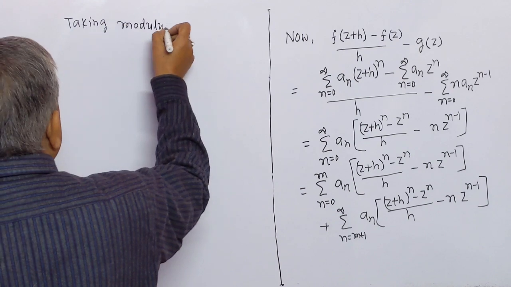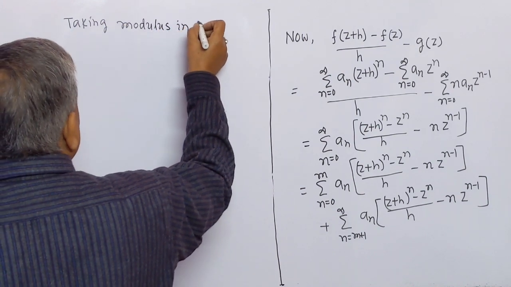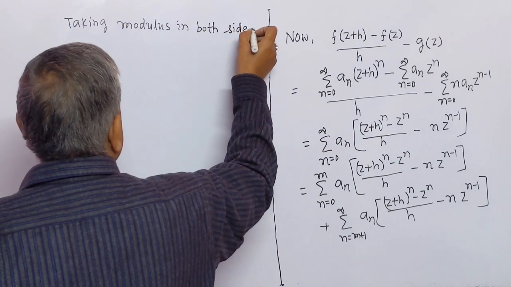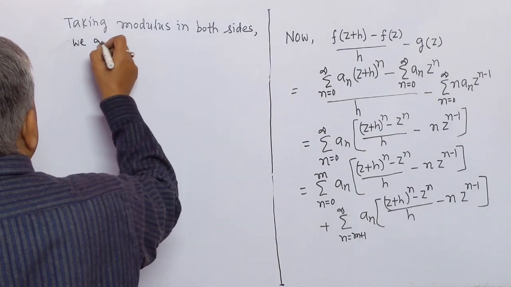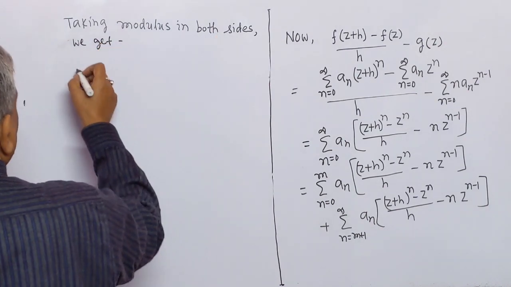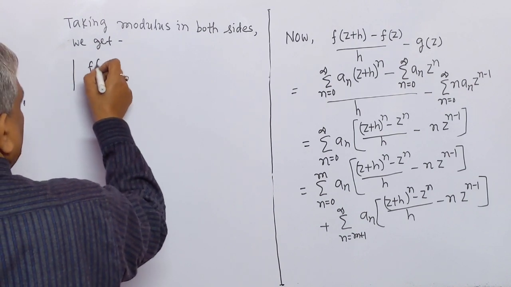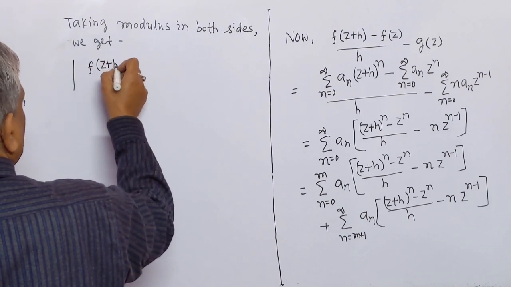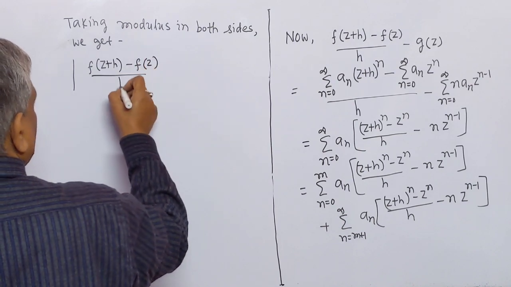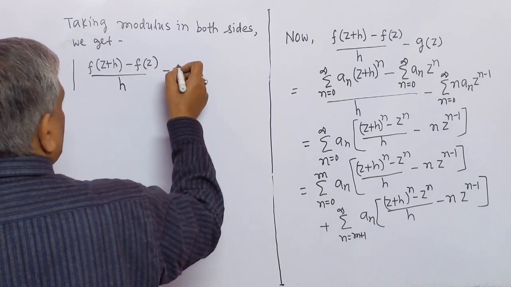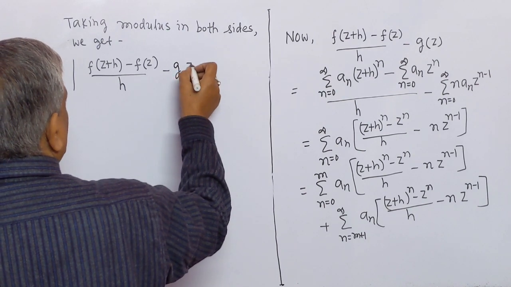Taking modulus on both sides, we get modulus of (f(z plus h) minus f(z)) by h minus g(z).